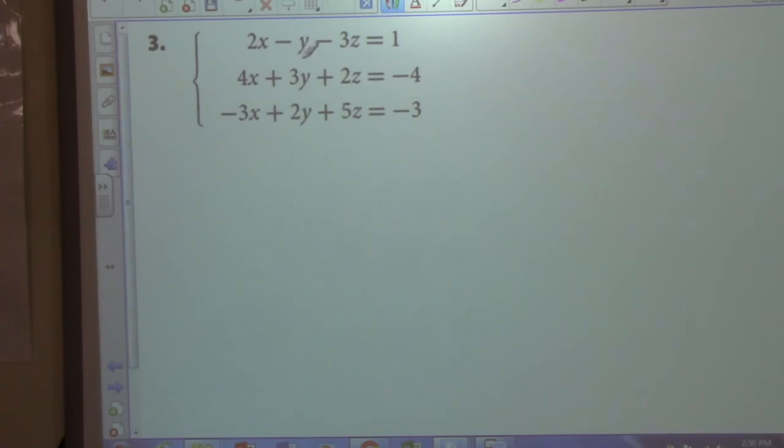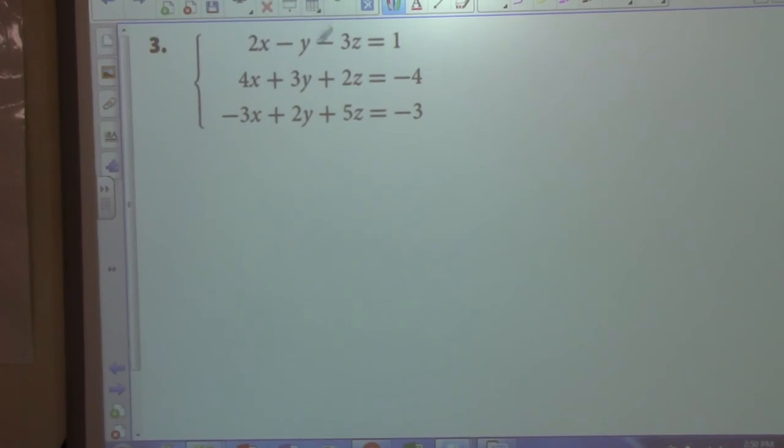Pardon me? Okay, Marcus asked the question, does it matter which one goes first? No, it doesn't. But I will tell you that in this case, you only have one equation where you actually have a single variable. So my recommendation would be to start with this first one and solve for y. In fact, I'll start out by doing that for you.